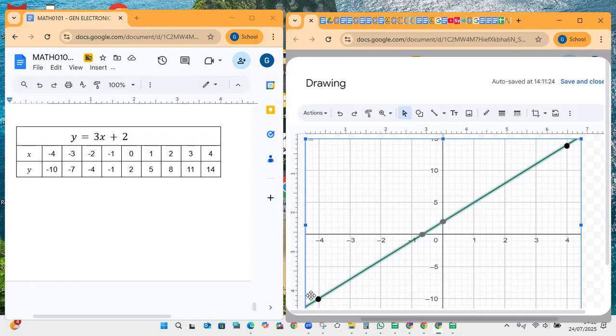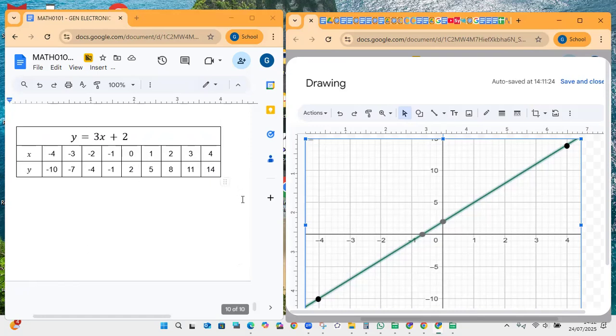The gradient is defined as the value that y increases or decreases, because y can increase or decrease, but the x solutions for the gradient definition must increase by 1. Always increasing by 1. Okay? And the y either increases or decreases by any number.